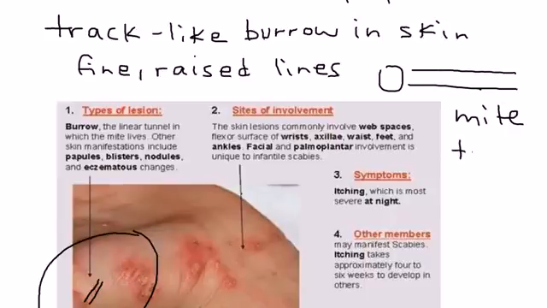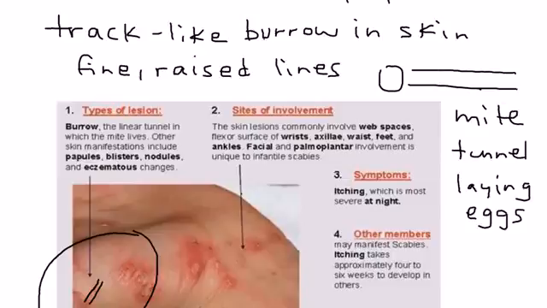It creates this tunnel under the skin, and that's where the mite is laying its eggs. So that's a very important aspect of differentiating scabies from other rashes that have erythematous papules.